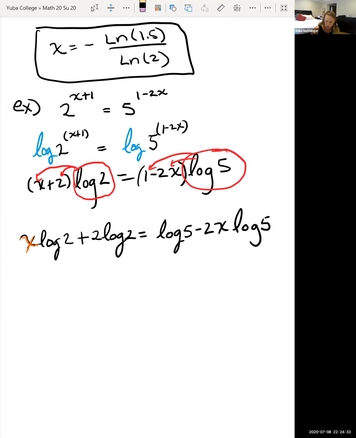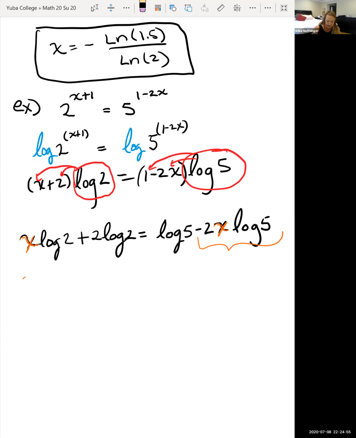Notice that there's only 2 terms, groupings, that have x in it. And so just like we would solve for linear equations, we want to get all the terms with x to one side of the equal sign and all the terms without the x on the other side. So I'm going to add this 2x log of 5 to both sides of the equal.